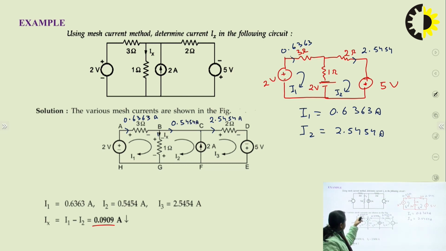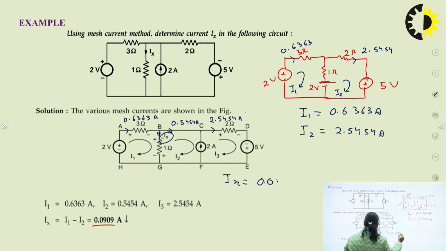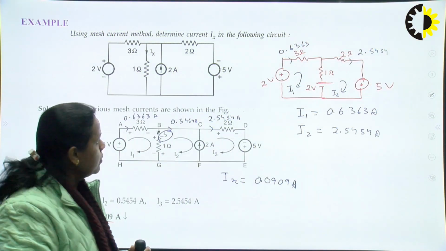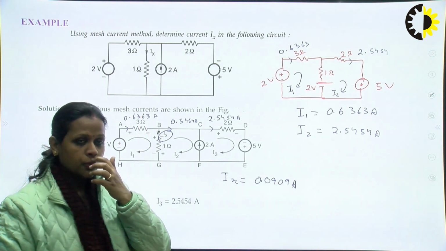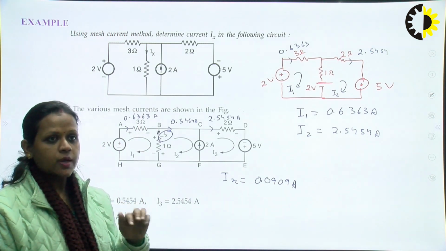And this 0.6363 is getting divided in Ix and 0.5454. So what will be the value of Ix? Ix will be equal to this current minus this current. If you subtract, you will see that this current Ix is coming 0.0909 ampere, right?